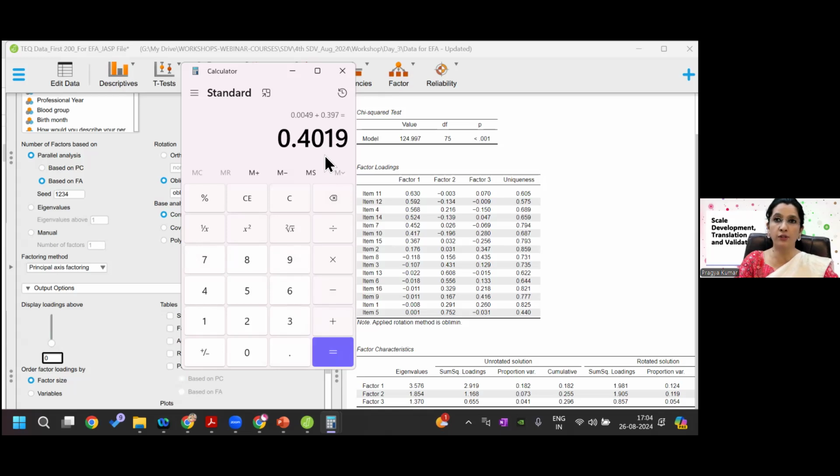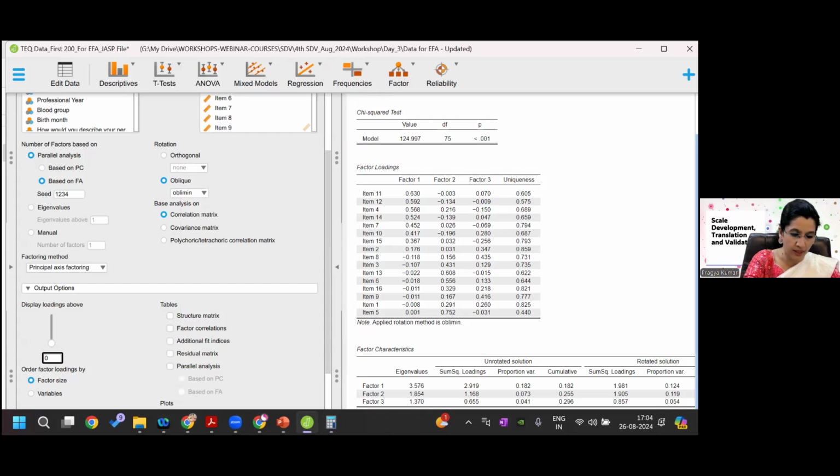And what is uniqueness? 1 minus communality. So if you deduct 0.40 from 1, what will be the uniqueness? It will be 0.6. So this will be your uniqueness. Uniqueness means this much is the error. How do we interpret it?